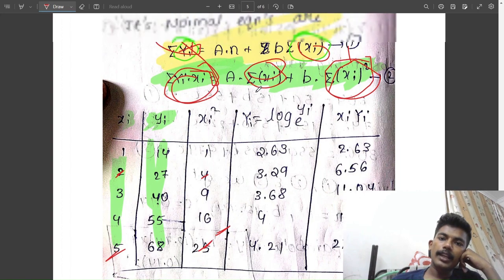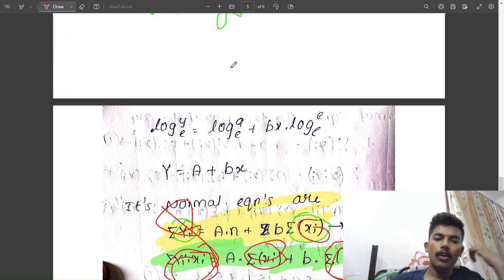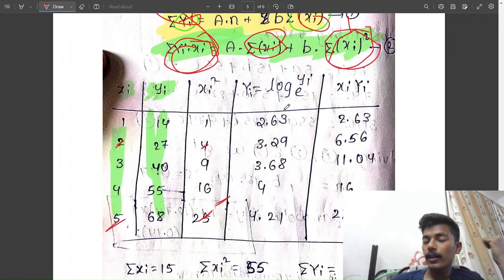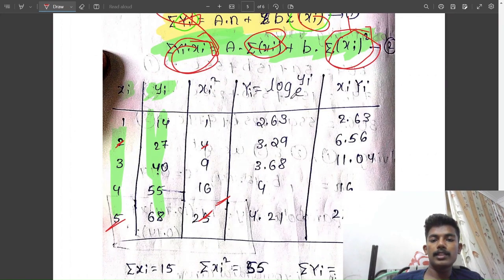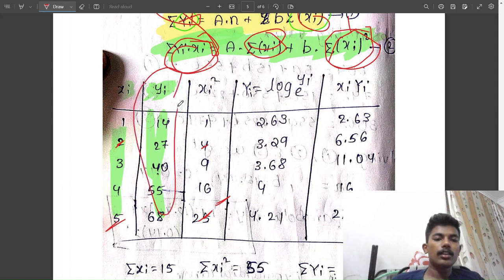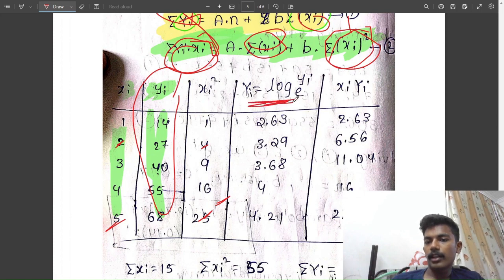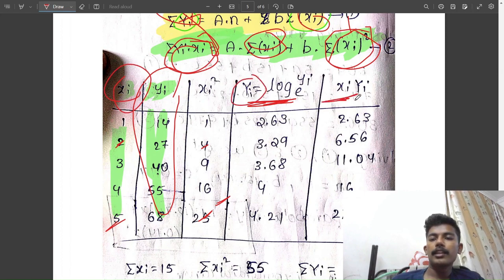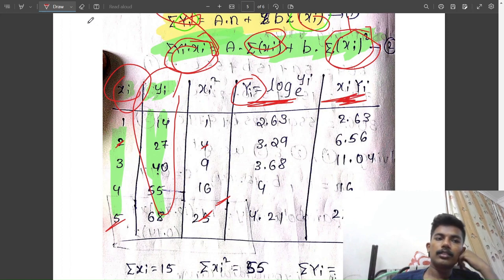So yi, as we have already discussed, y is given by log y to the base e. So capital yi is equal to log yi to the base e. So by using the calculator and by substituting the values of yi, we get capital yi, and by multiplying xi with capital yi, we get xi into capital yi.